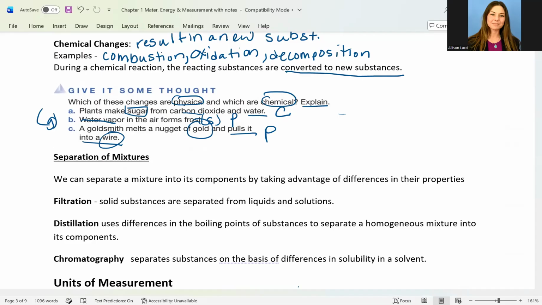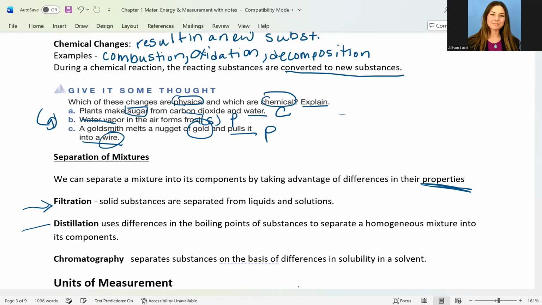So we can talk about in this last section here how we can separate mixtures. Separation of a mixture into its components can take advantage of differences in properties. So different types of matter have different properties, and we can use that to separate these mixtures. So filtration, if we have a solid that is in a liquid, for example, we could filter out the solid from the liquid.